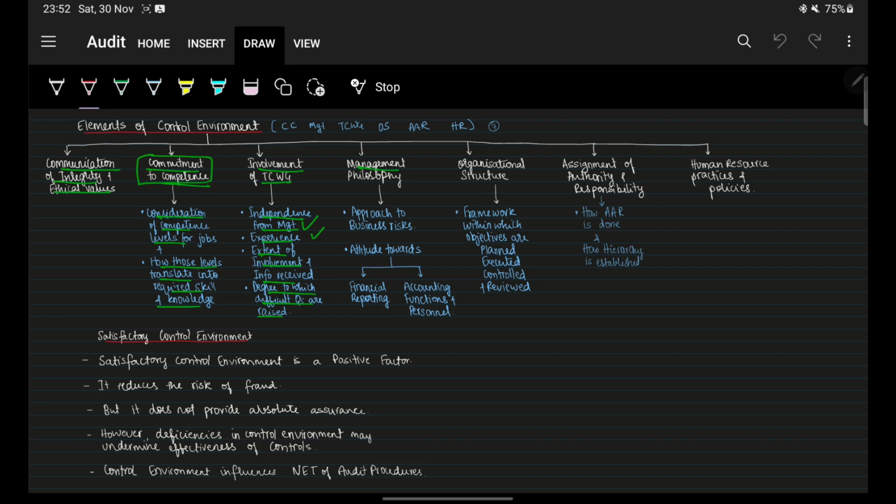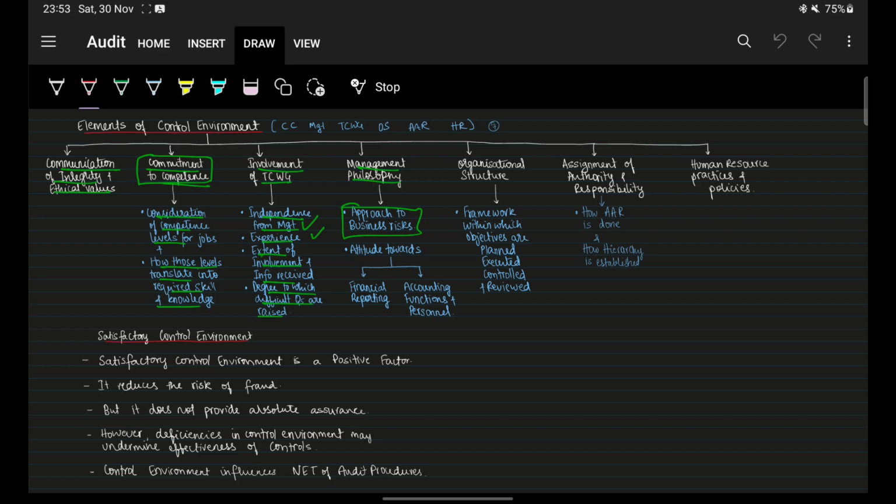Next, what is the management's philosophy and approach to business risks, right? Are they risk averse, or are they really into taking big risks? People who might be into taking big risks might also take a step towards taking an illegal action.